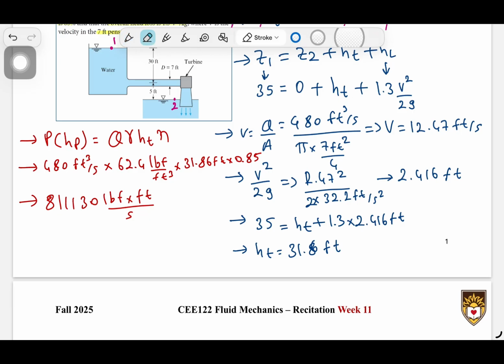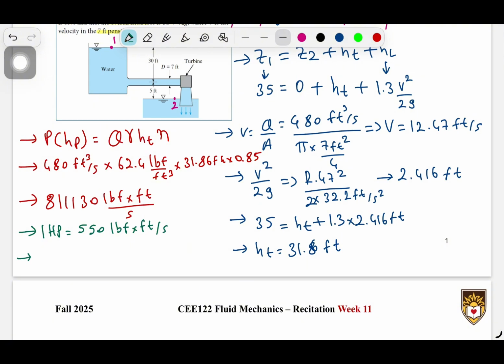So we have this relationship between pound force times feet per second and horsepower. 1 horsepower is equal to 550 pound force times feet per second.